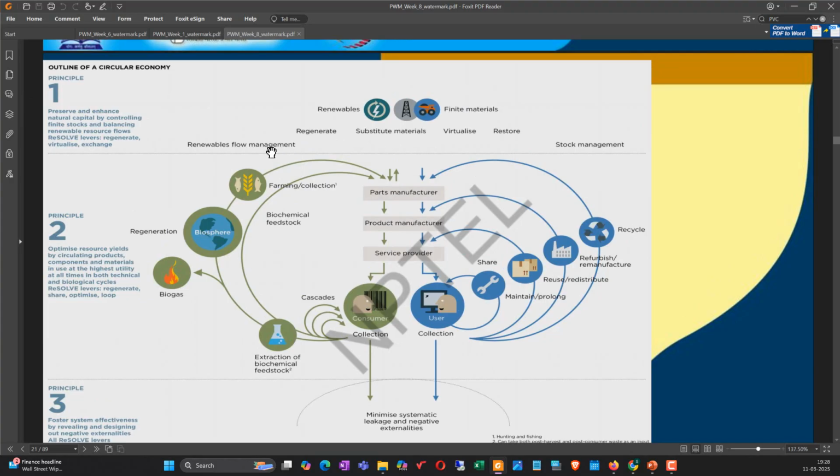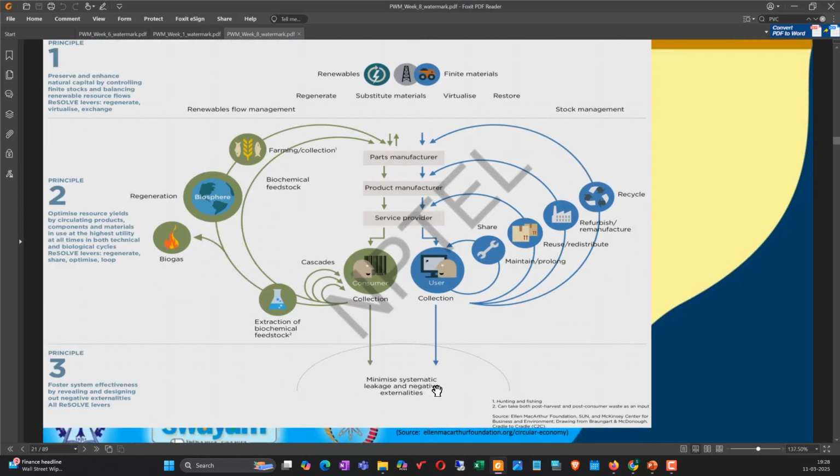Preserve and enhance natural capital by controlling finite stocks and balancing renewable resource flows. Regenerate, share, optimise, loop, virtualise, and exchange. So renewables flow management, stock management; two places are there, and you see here the consumer is this side, collection is this side. So stock management has to be there, and minimize systemic leakage and negative externalities.